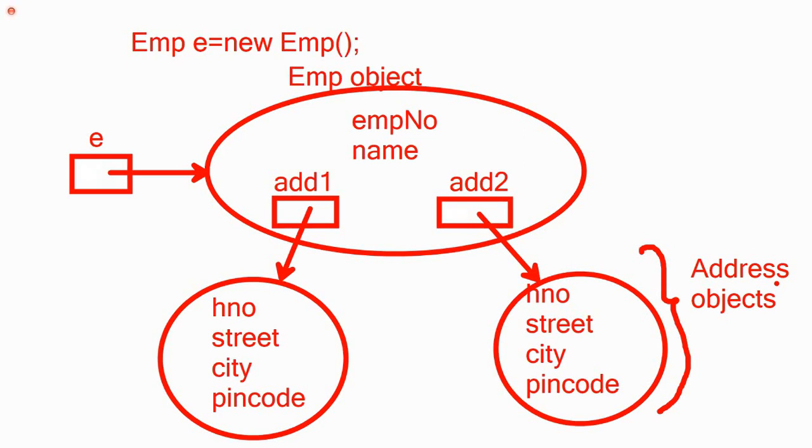Here, how many objects are there in total? Three objects: one employee object and two address objects.